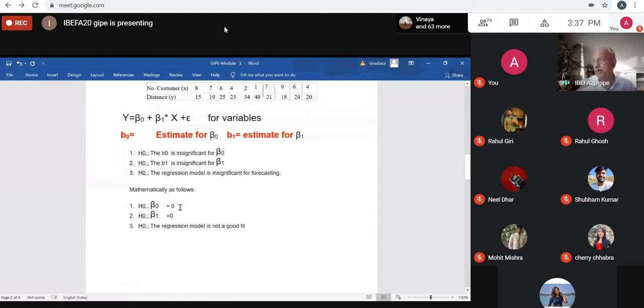Beta naught equal to 0, beta 1 equal to 0, the regression model is not a good fit. 0 means, don't be under the impression of the value. That is, B naught is a poor value for beta naught. Any question? Another way. And this is what we do in our LM model.